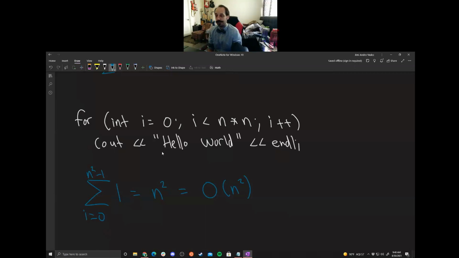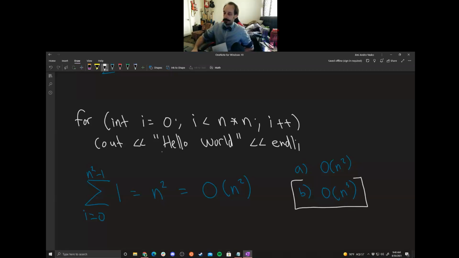So I might use theta on the exam, not big O, only because of the following. Let's say you have a multiple choice answer like this. A would be O of n squared, and B would be O of n cubed, let's say. Let's say you circle this answer, and a system would mark it wrong, as it should, but technically it would be correct.